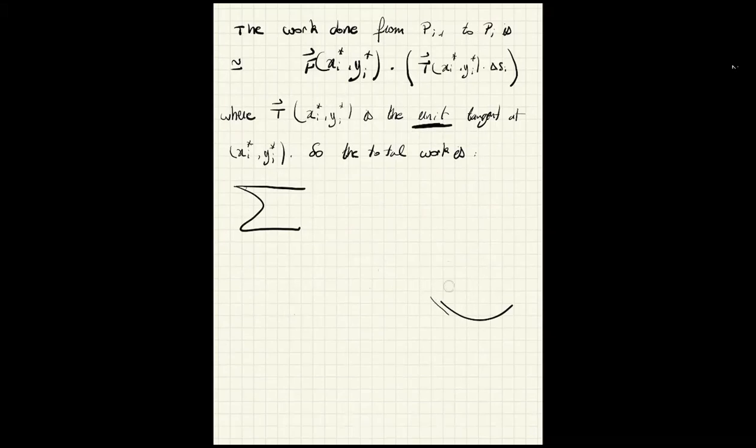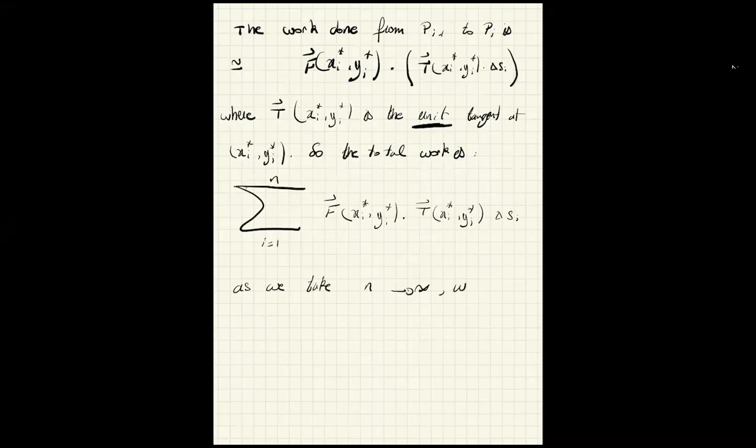When you add up all of these works, F scalar T delta s, and as n goes to infinity, we get the line integral of the vector field.